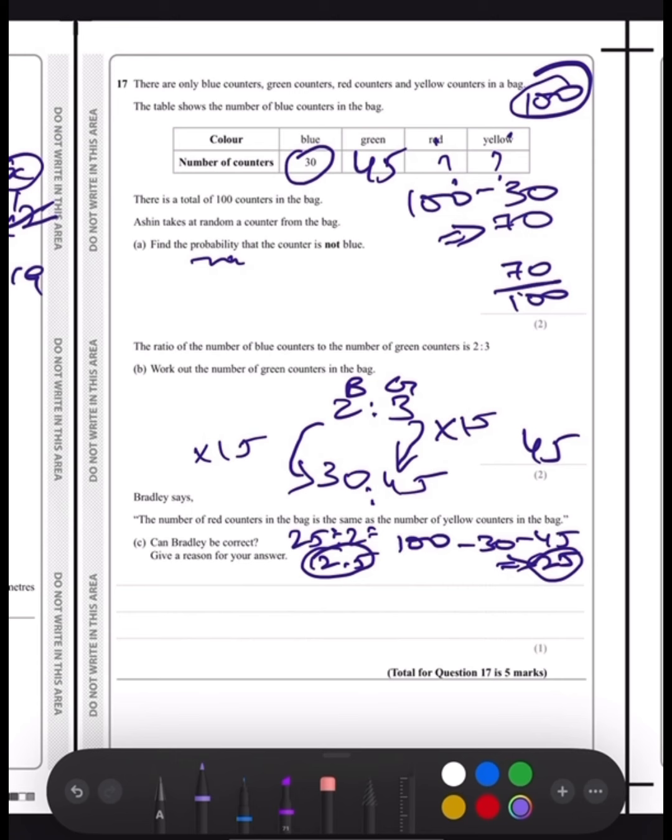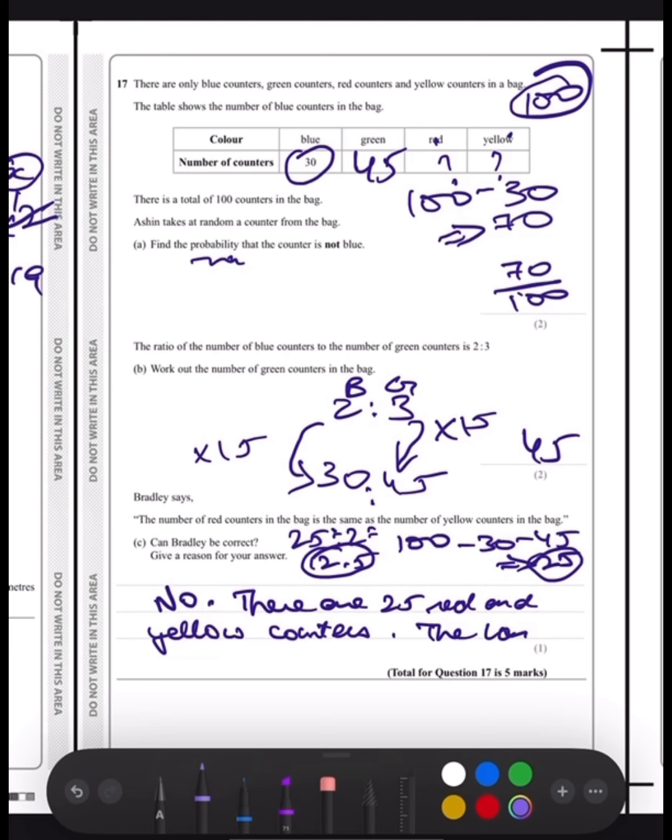If it was 12, we would have said yes. But because it gives us 12.5, we can clearly say no. There are 25 red and yellow counters, and there cannot be 12.5 of each.